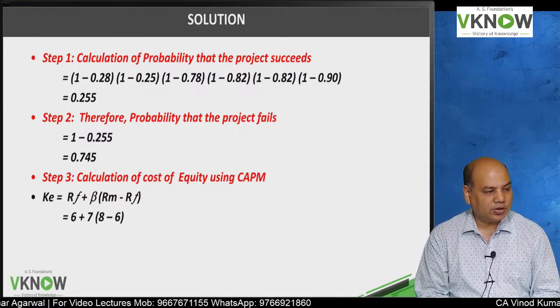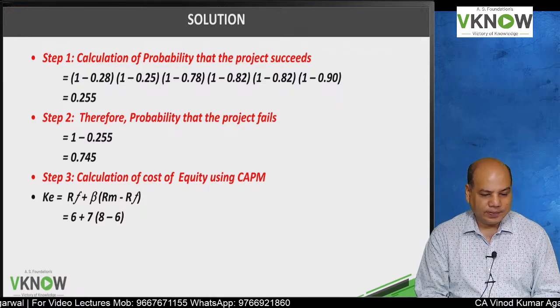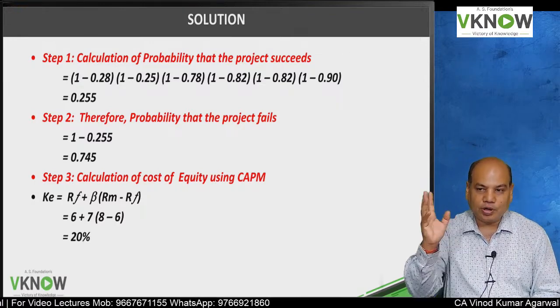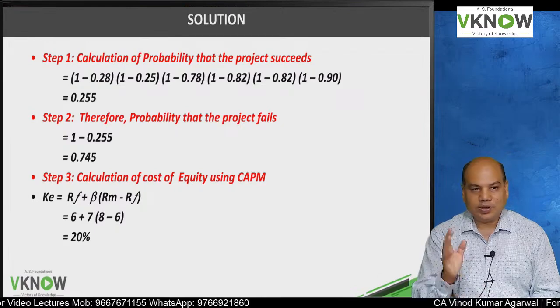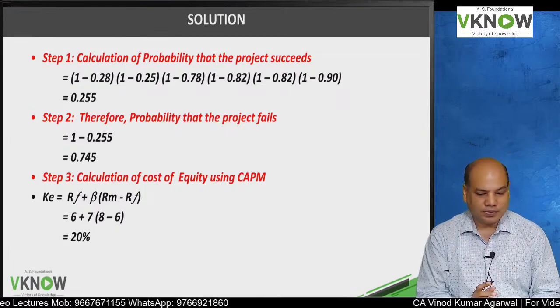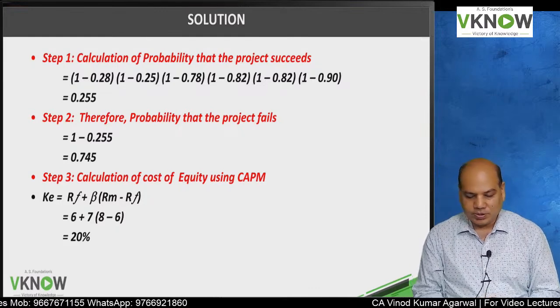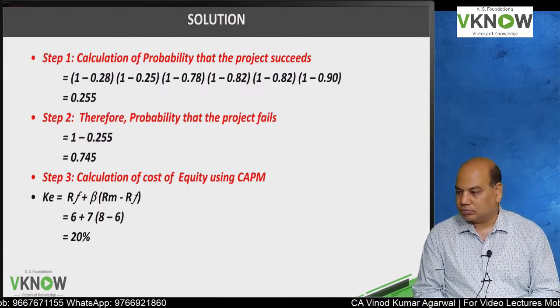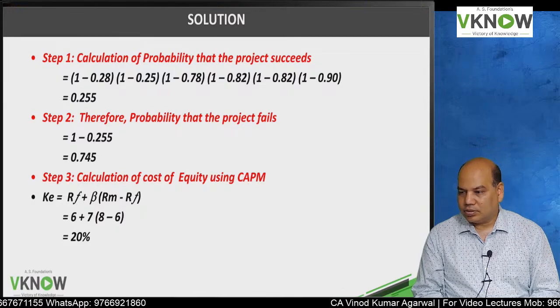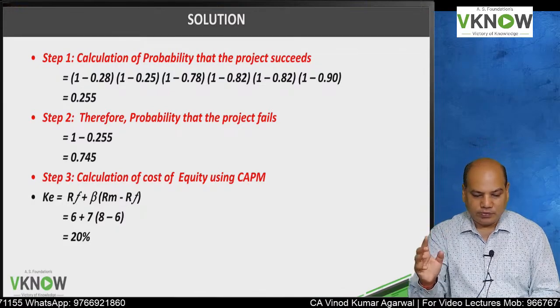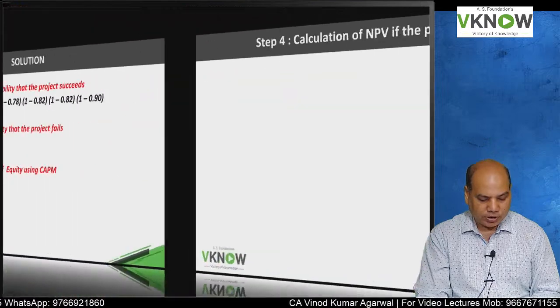Very risky project, so beta is very high. Beta of 7 is abnormally high, but in venture capital this is possible. So that is 20%. Is it right?